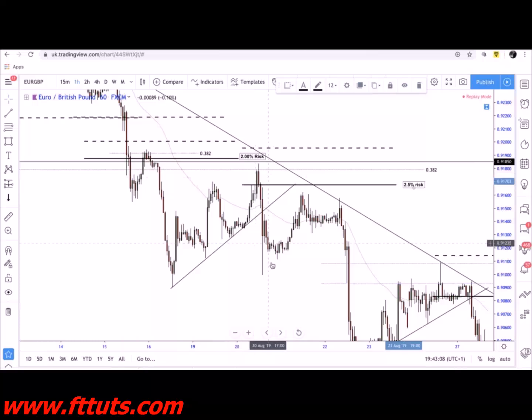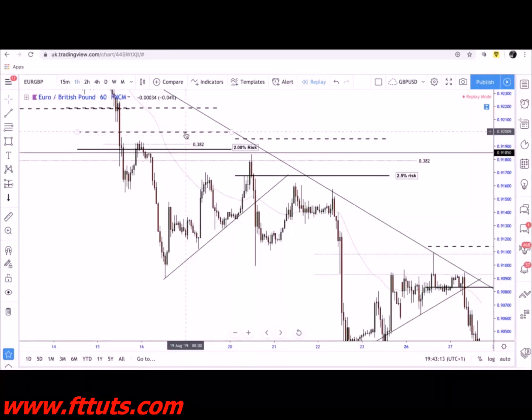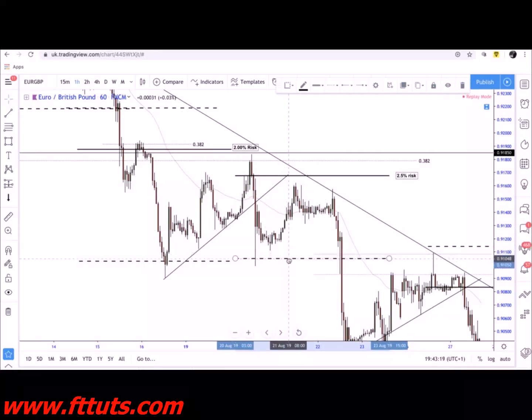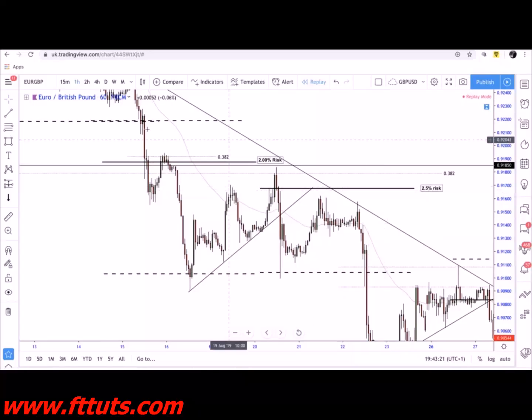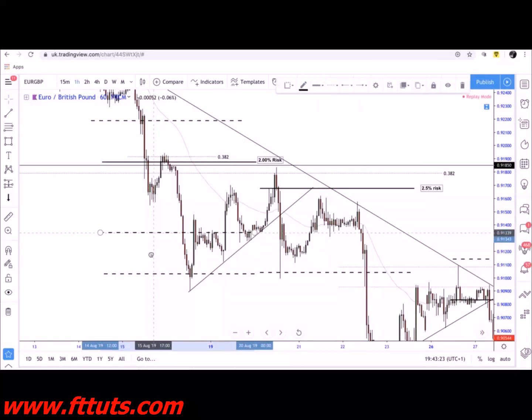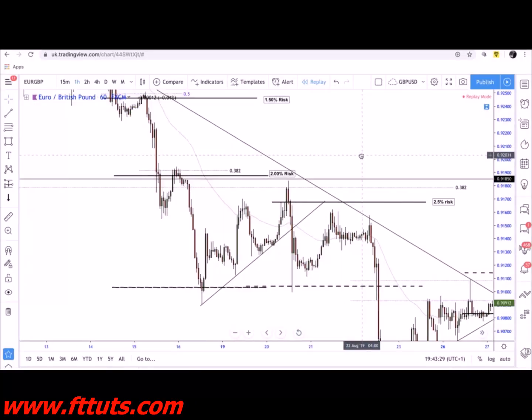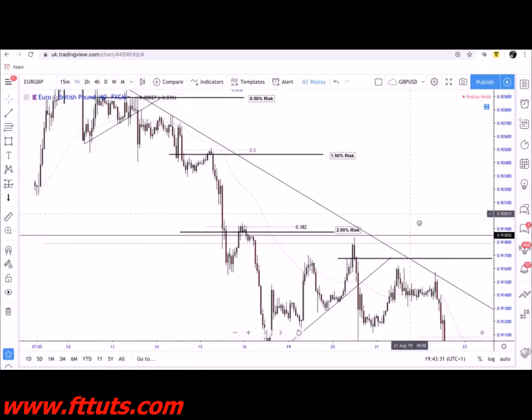So then price drops, comes back up, messes around, and then it drops. So now we can move this stop loss for this entry down to here. And we can move this stop loss of this entry down to here. We can move these two stop losses for the original entries down to here. We can move this stop loss from that entry down to here. And now we've got 4 positions locked in.